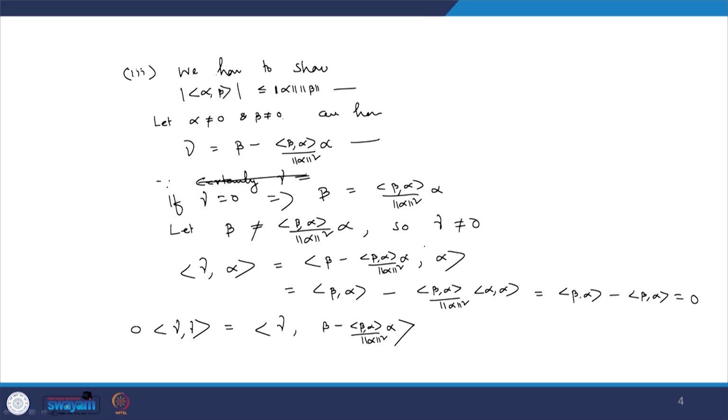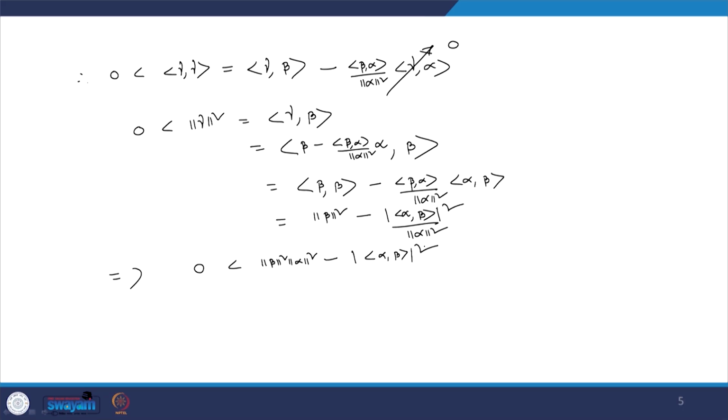If you do not consider that one, then it will be less than or equal to also. So this implies that the mod of the inner product of alpha beta whole square is less than the norm of beta square and norm of alpha square.